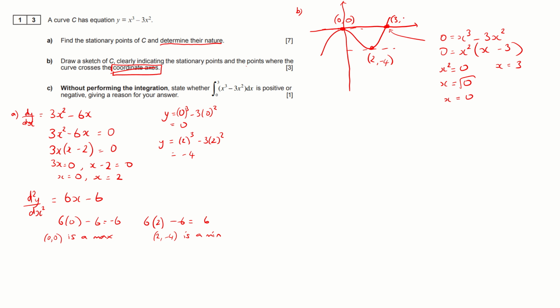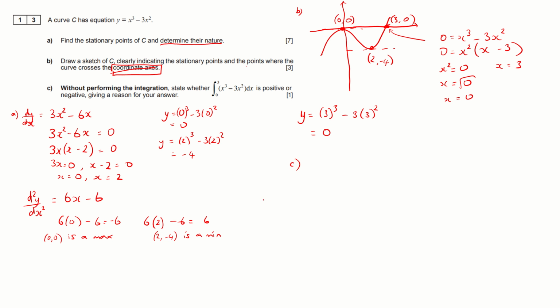Now, to get the y coordinate, I need to sub 3 into my original equation, which is 3 cubed minus 3 times 3 squared. I just realized, because I'm an idiot, I was subbing that in to get 0, but obviously it's 0 on the axes. Sorry, my mistake. Wasted a bit of time there. So we get 3, 0. Anyway, that's just proving it. There we are. That's the sketch of what it should look like for part B.